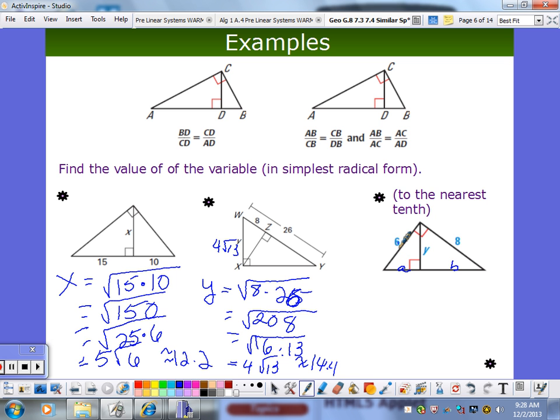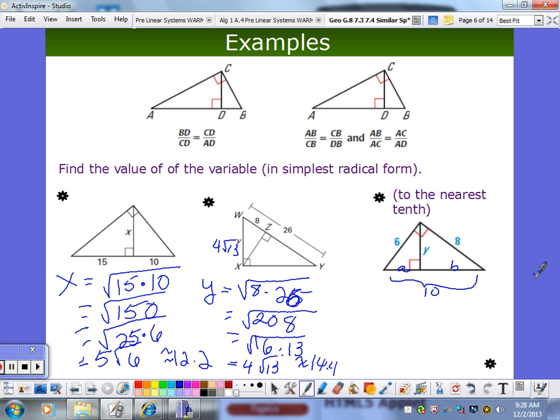This is a right triangle. If this is 6 and this is 8, what's the hypotenuse? 10. How'd you get 10? It is a 3, 4, 5 triangle times 2. If you don't see it, use the Pythagorean theorem: the square root of 6 squared plus 8 squared, which is 10.